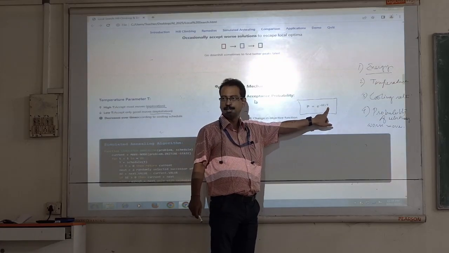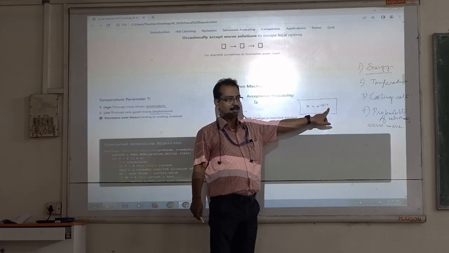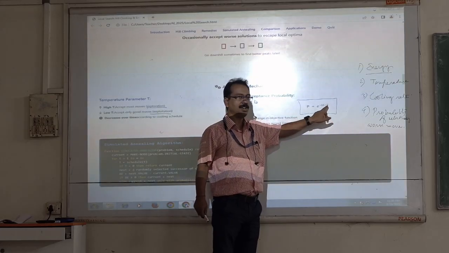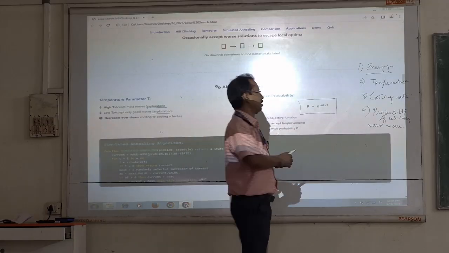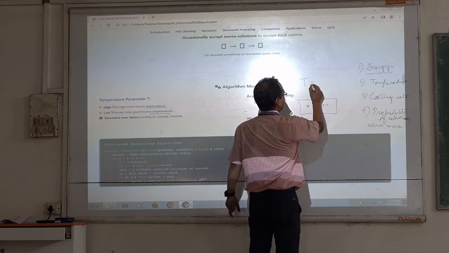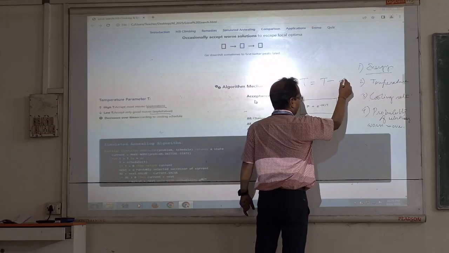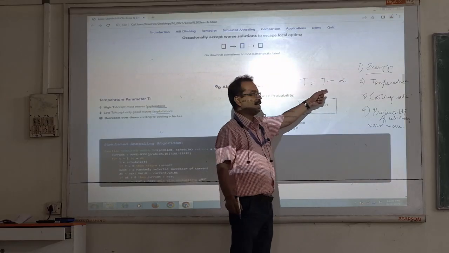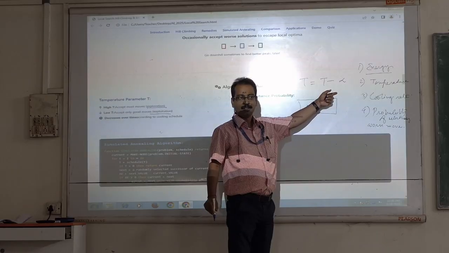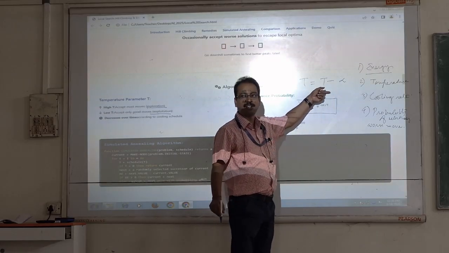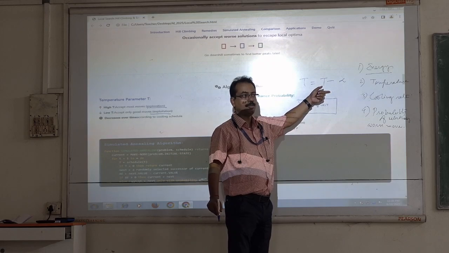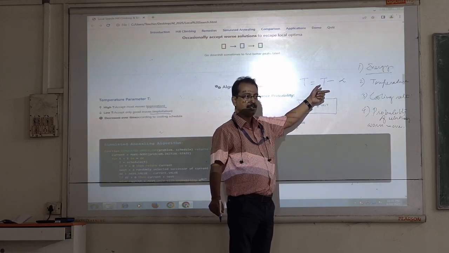What is T? Temperature. Now T should follow a schedule, means T should be like that: T minus alpha. Now this is a simple linear decrease, but it should not always be like this.